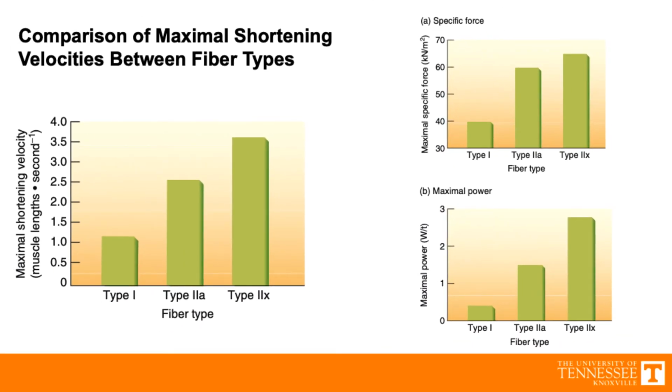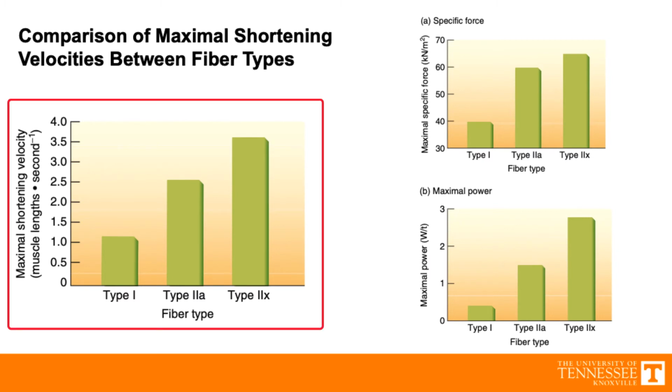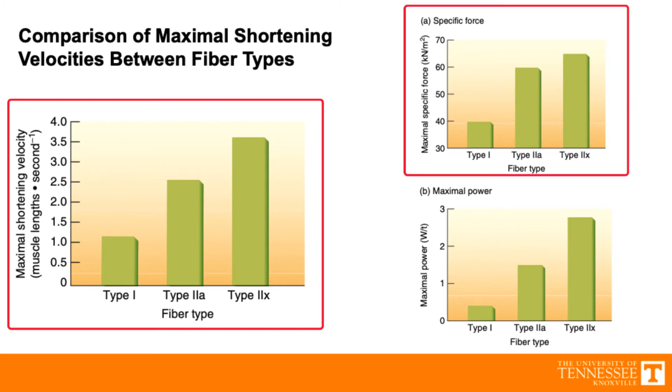Now, related to sports, 2 of the predominant characteristics that we need to be concerned with for a muscle fiber type has to do with its maximal shortening velocity, so the speed at which it can shorten those sarcomeres, as well as the maximal force that it can generate, which is going to be based on size.